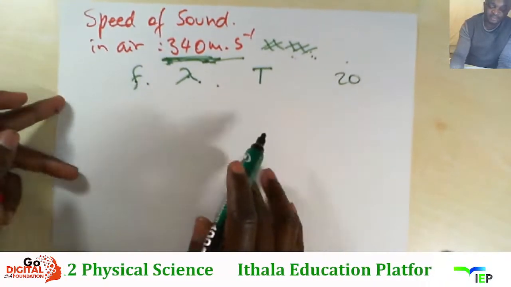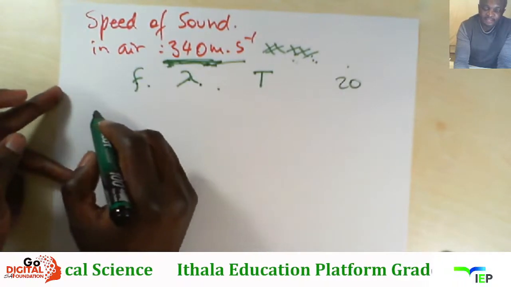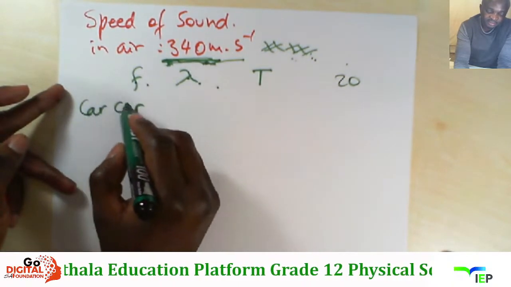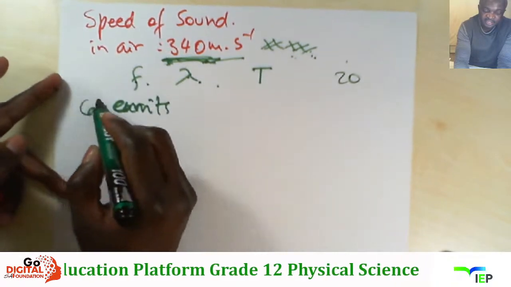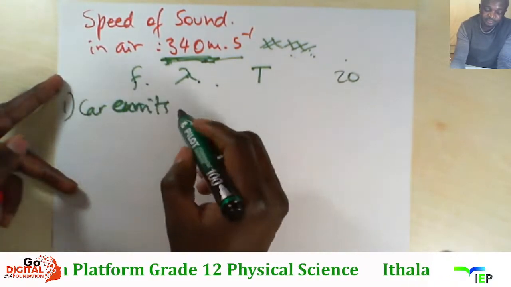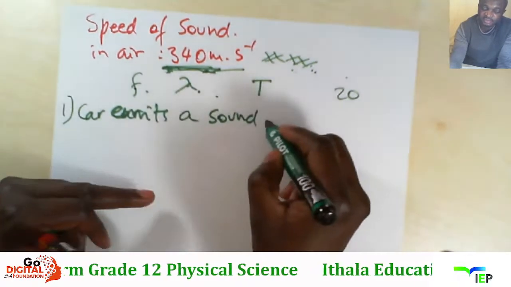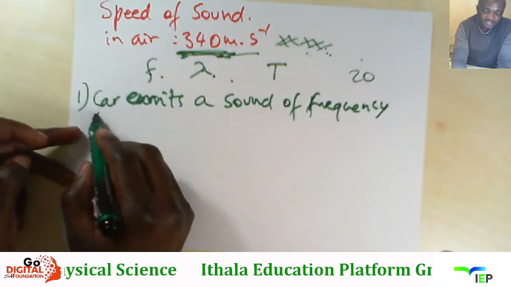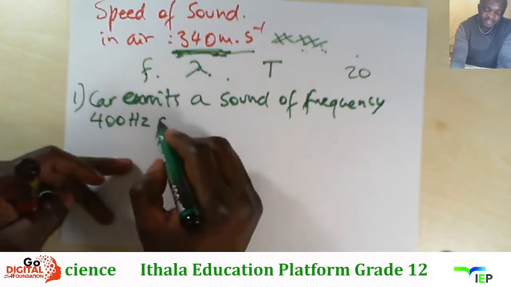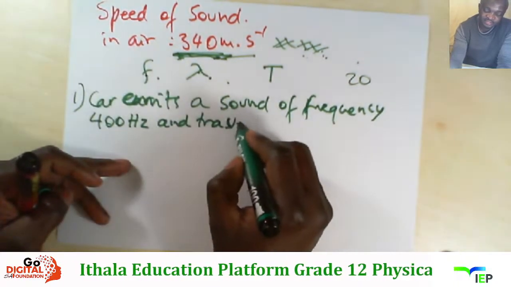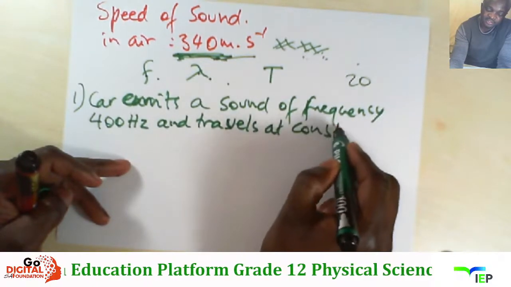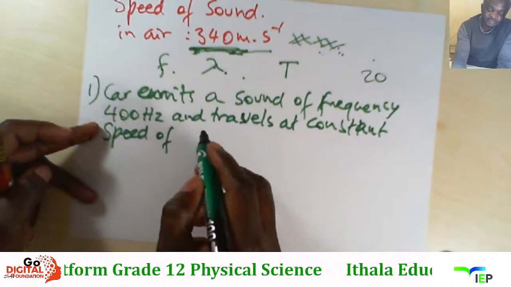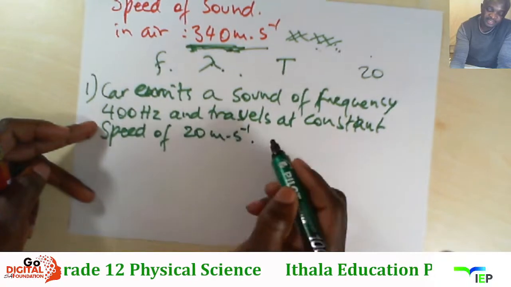So we can have an example here. A car emits a sound of frequency, let's say 400 hertz, and travels at a constant speed of 20 meters per second, right?